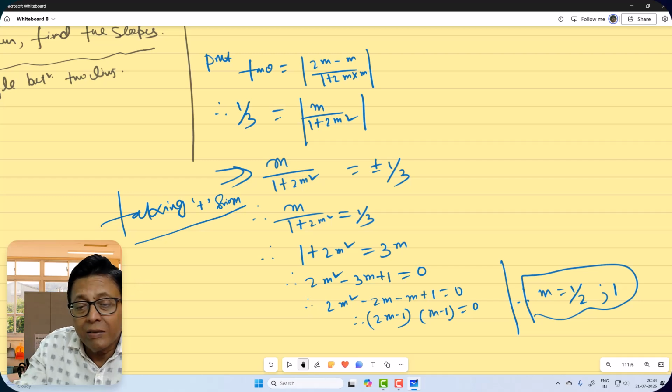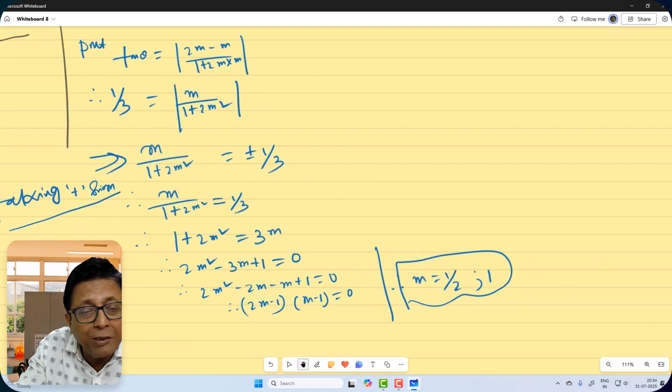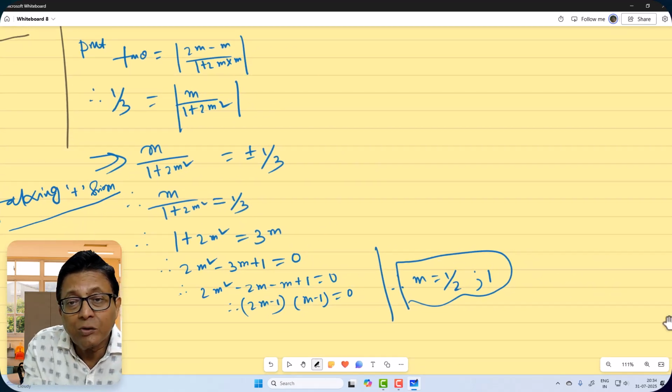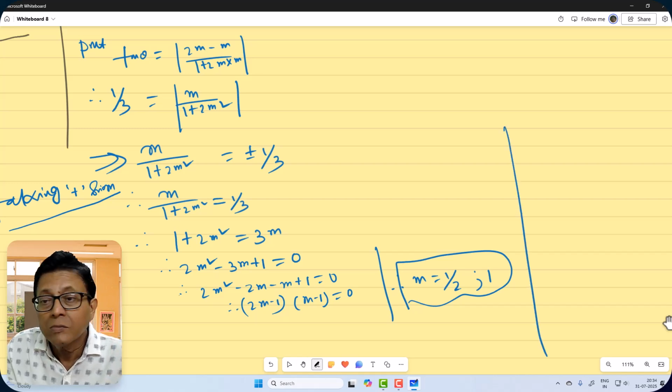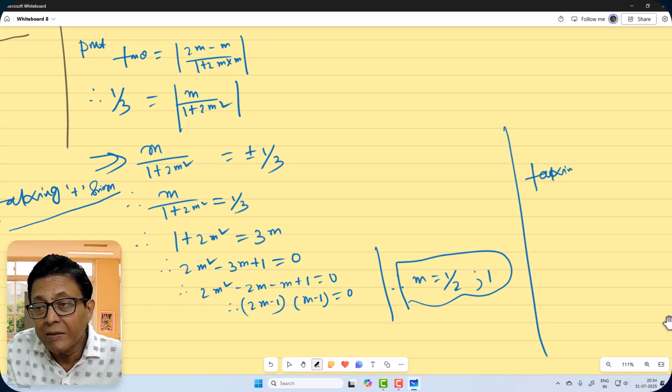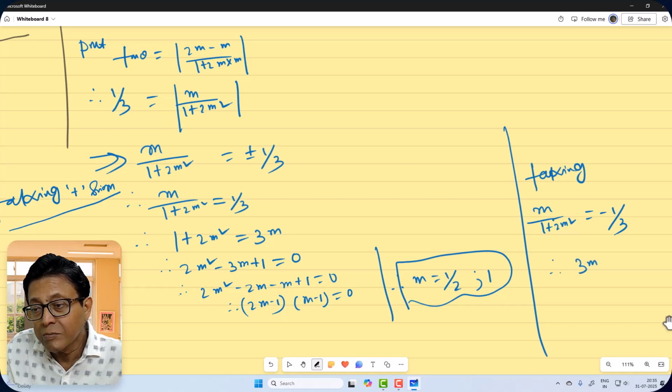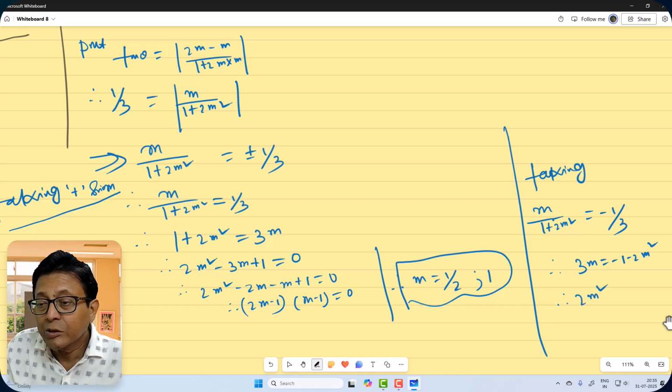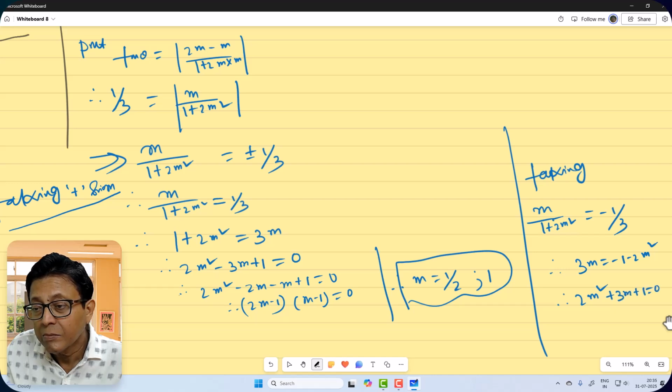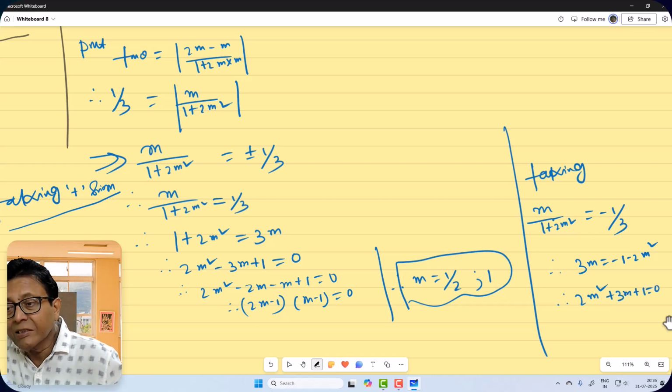Now, will you get a different answer if you take the minus sign? So let us do that also. Taking the minus sign, I mean M by 1 plus 2M square equals minus 1/3. Therefore, it is 2M square plus 3M plus 1 equals 0.